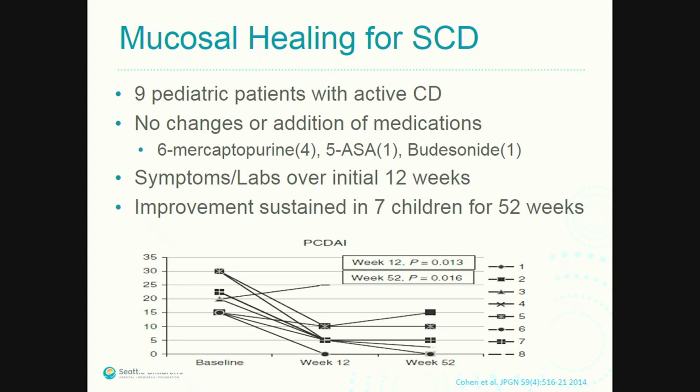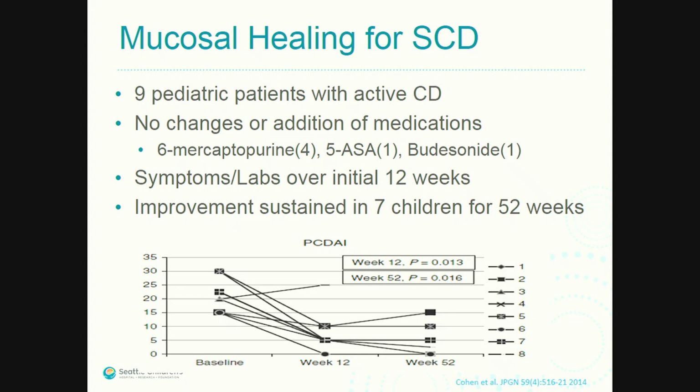Another study, and this looking at a slightly different angle of the SCD, was a study by Stan Cohen's group in Atlanta. And they looked at 9 individuals with active Crohn's disease who went on to the SCD and had no change in medication. 4 of them were on immunosuppressant, 1 on mesalamine, and 1 on budesonide. And they looked at symptoms and labs over 12 and 52 weeks.